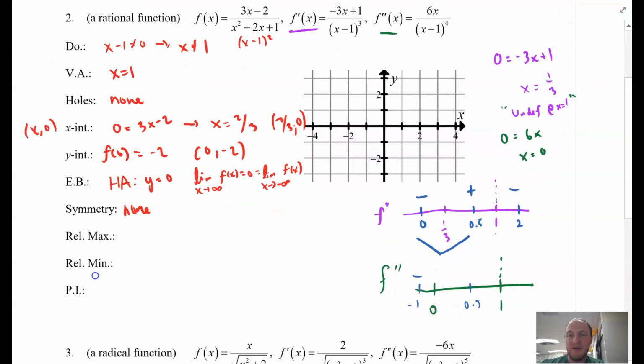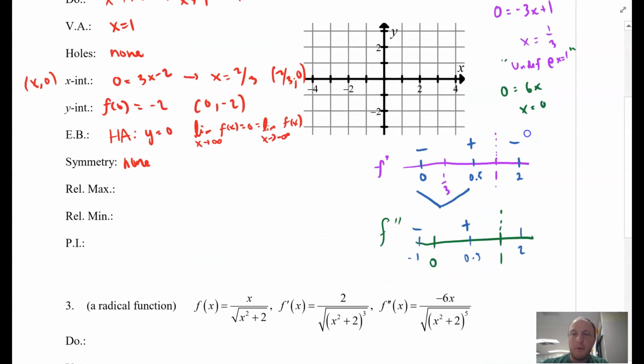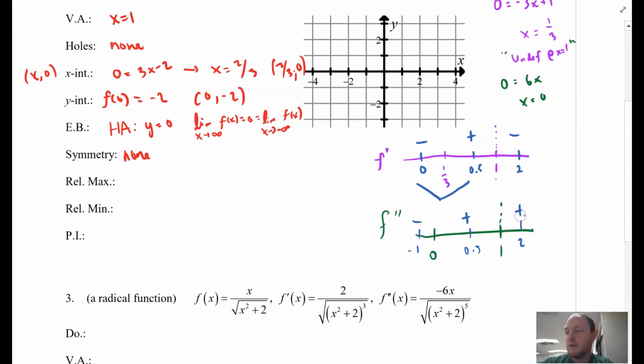We get a positive over a positive, so that's positive. And then we'll plug in 2. We get a positive over a positive, so this is also positive. Okay, so what does this mean? Well, it means we're concave down here, and then we're concave up here, and then we're concave up here also.